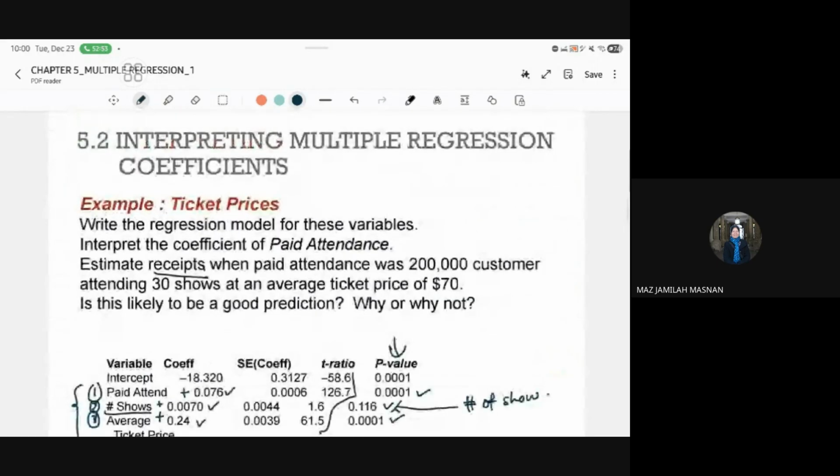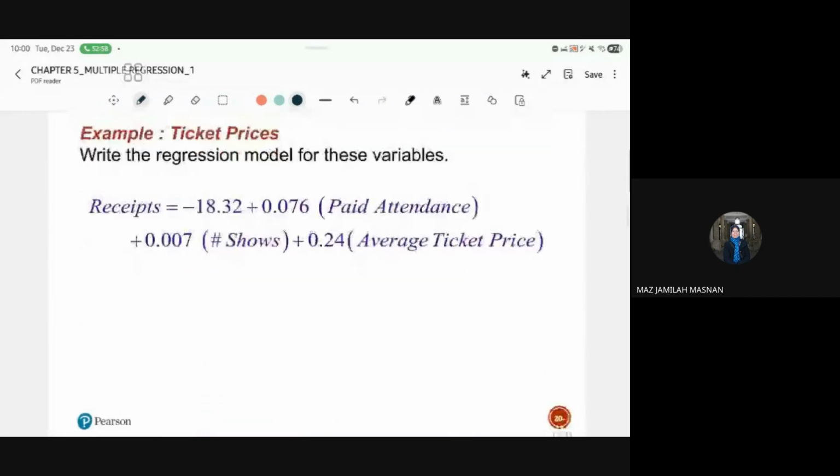Okay, so let's go back to the question just now. Write the regression model for these variables.